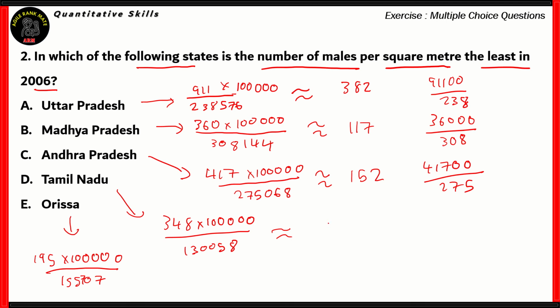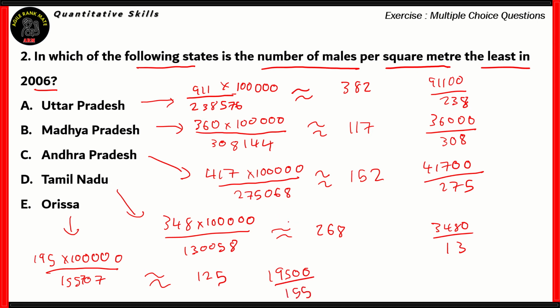348 lakhs over the area. So all you have to do is take 3480 over 13, and you'll get the approximate value, which is 268. And finally, for Orissa, the value is approximated to 125 males. So therefore, all you have to do is divide 19,500 over 155.